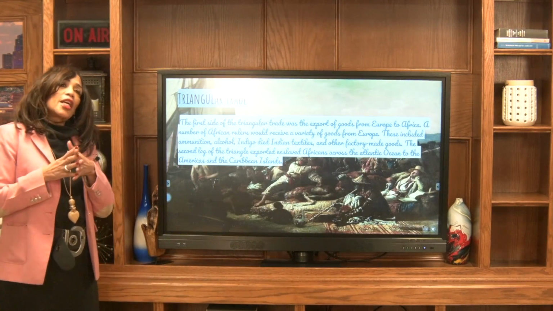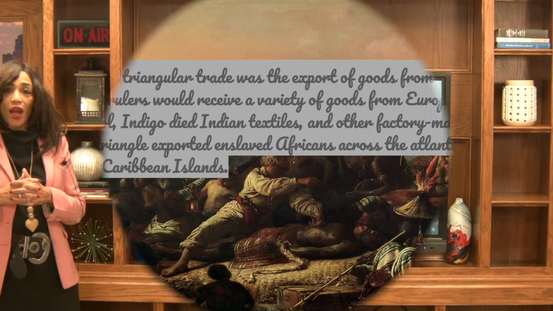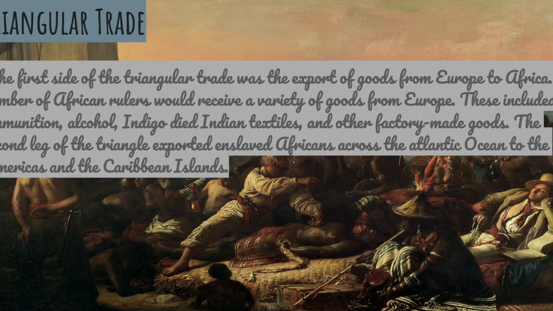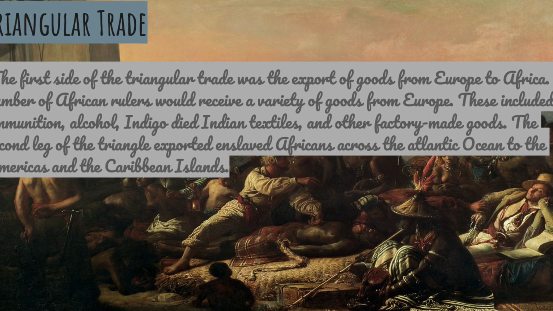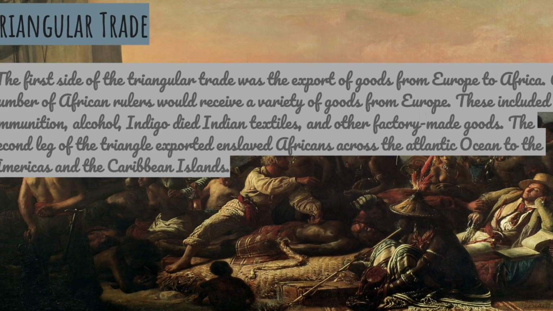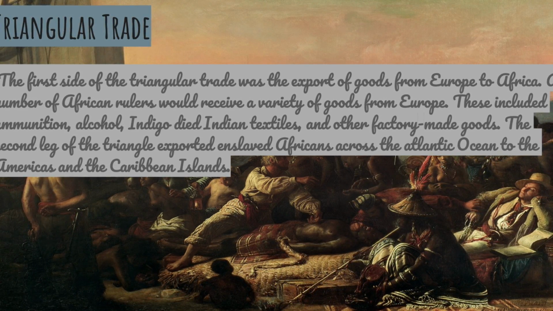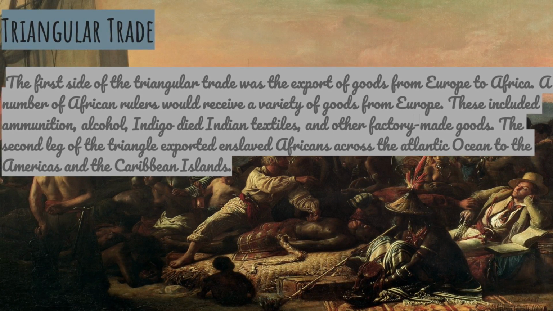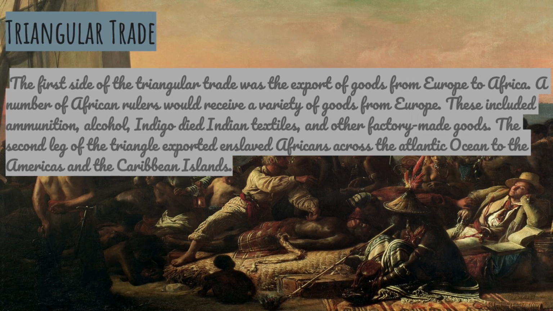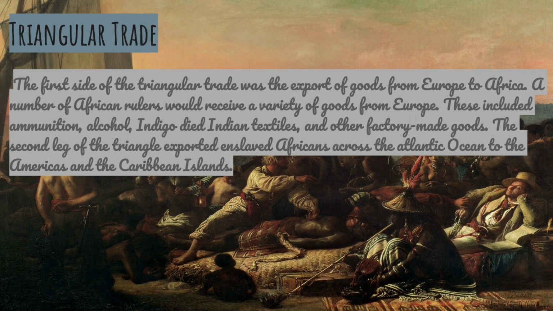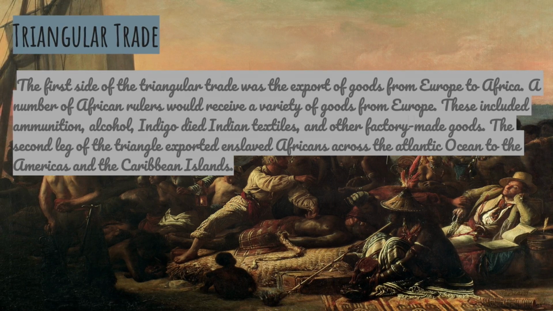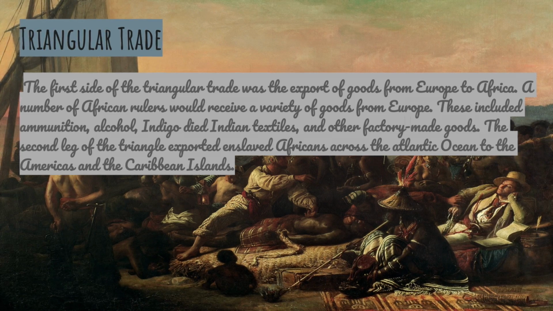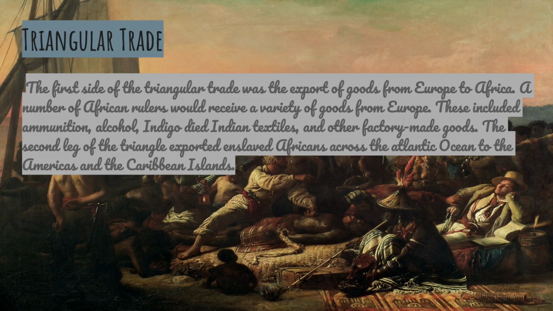Okay, during the slave trade, they had what was known as the triangular trade, aptly named so because it created a triangle. What was happening was that there was exportation of goods from Europe to Africa. Then we took slaves or Africans to the Americas. And then the third leg of it is the Caribbean islands, where we would also take goods and merchandise. So they had a triangular trade going on too. Pretty inventive. So what have we got so far?